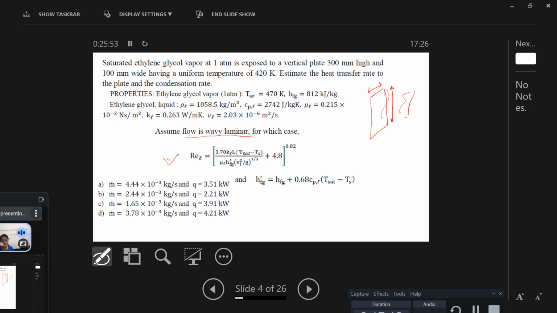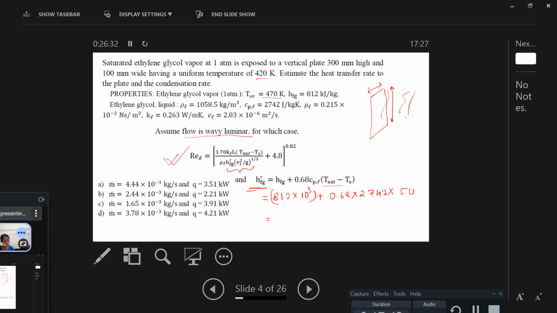Here also it contains this corrected hfg, so again we calculate this. hfg prime is given by 812 into 10 cube plus 0.68 into CPL, which is 2742, into T sat minus TS, 470 minus 420, that means 50.